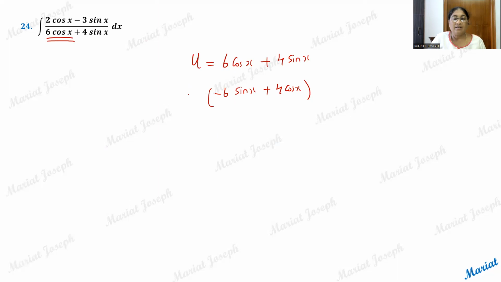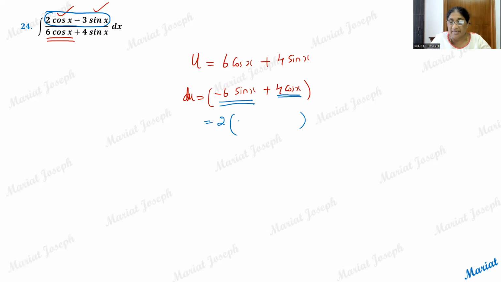See, we have differentiated. Now, if you observe here, 2 cos x minus 3 sin x. And instead of 2 cos x, we have 4 cos x. Instead of minus 3 sin x, we have minus 6 sin x. So if you take a 2 common from here, that will be the same as this numerator.